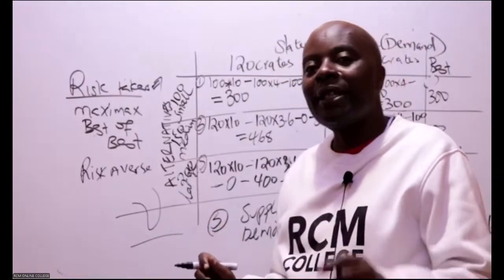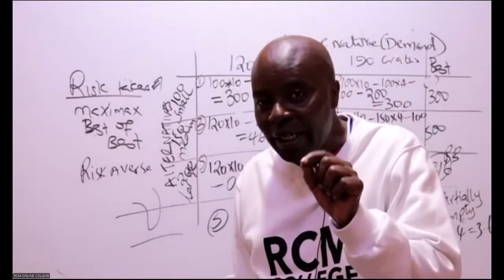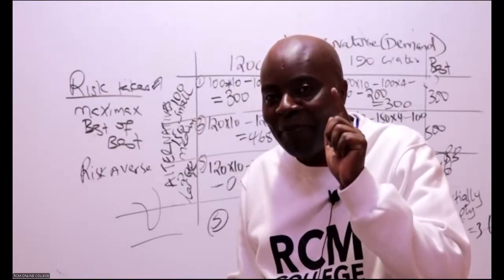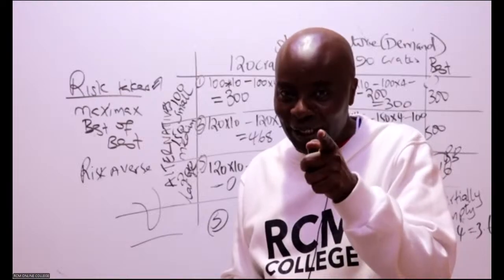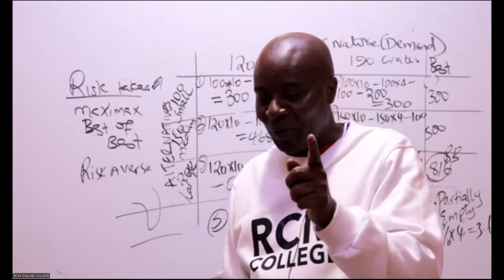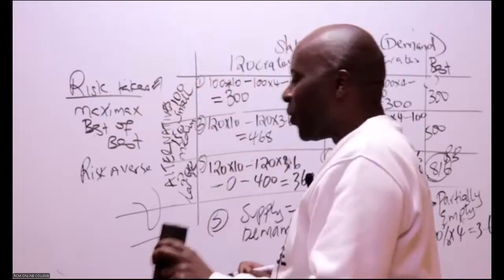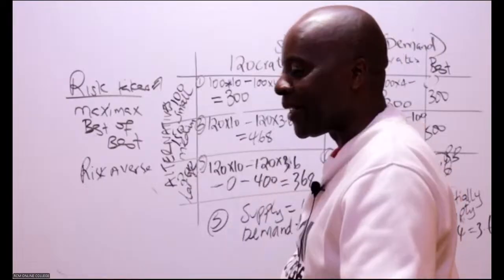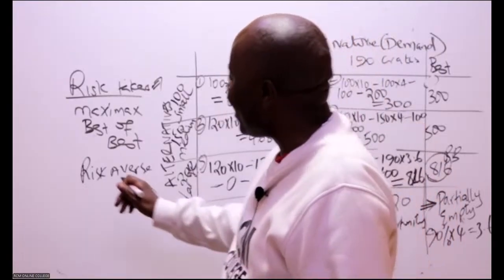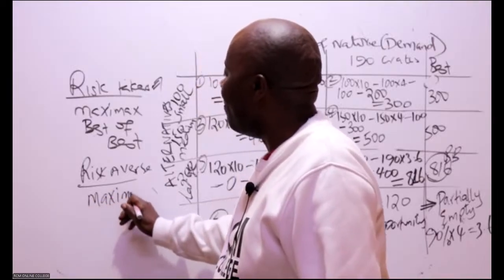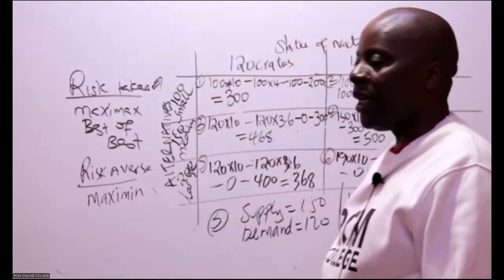There are even students right now who are really averse to advanced management accounting. There must be somebody who is really fearing this forthcoming exam. You are averse, which is wrong. We shall not fear these papers. So, ladies and gentlemen, if it is risk averse, you advise them using Maxi-Mini.